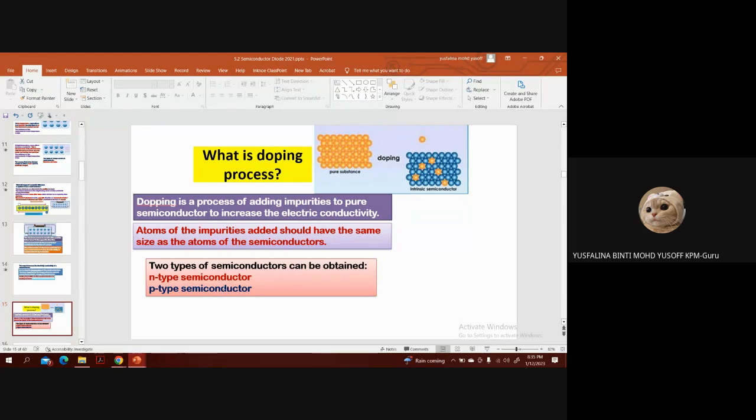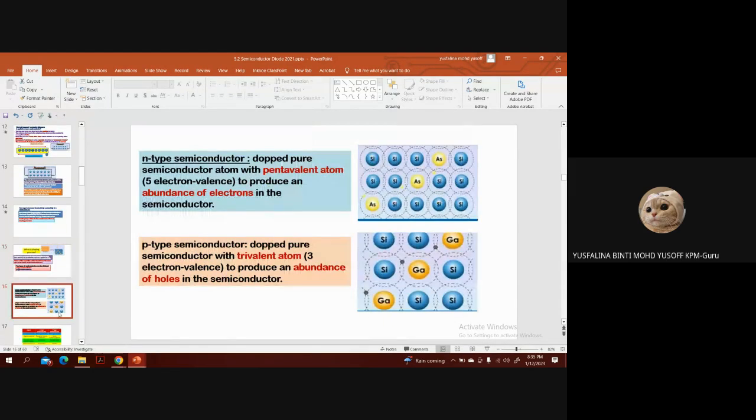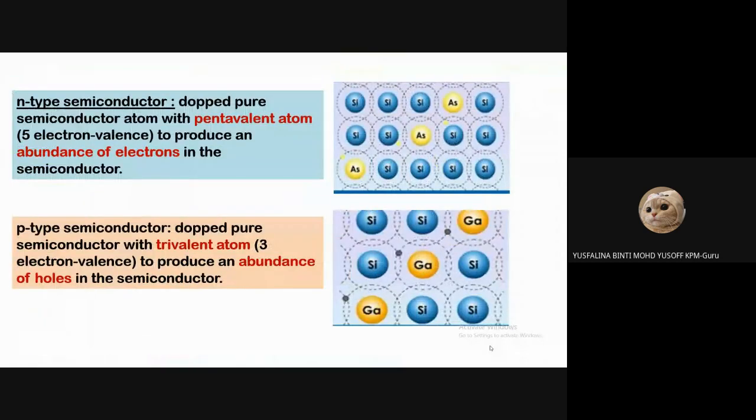For example, for the N-type semiconductor, silicon or germanium is in group 4, so the electrovalence is 4.